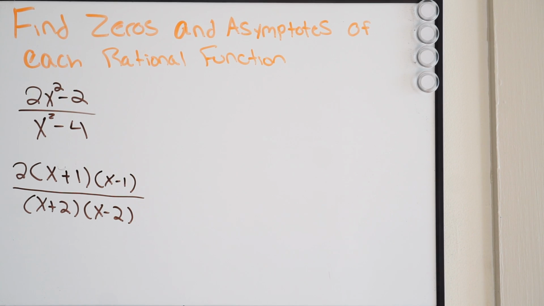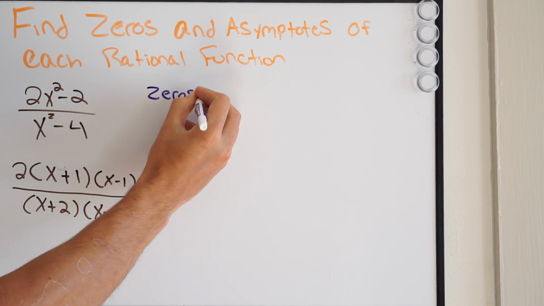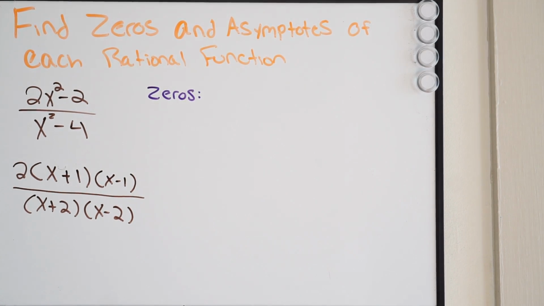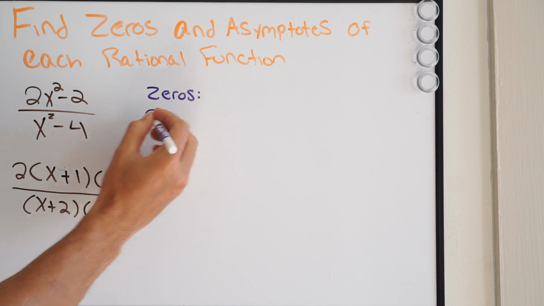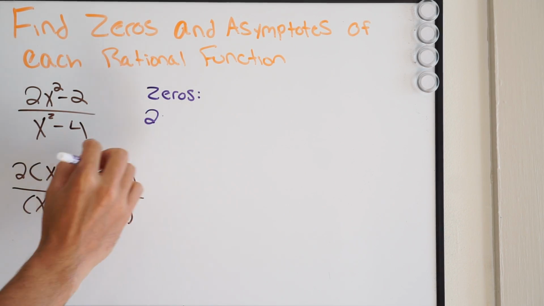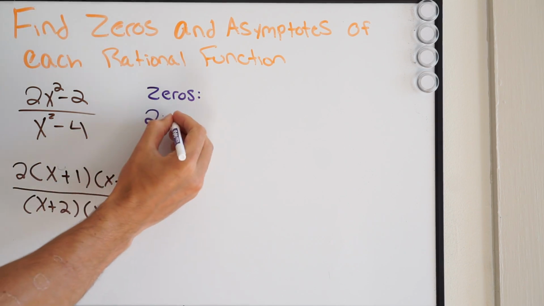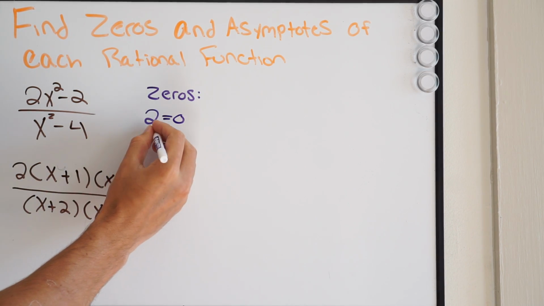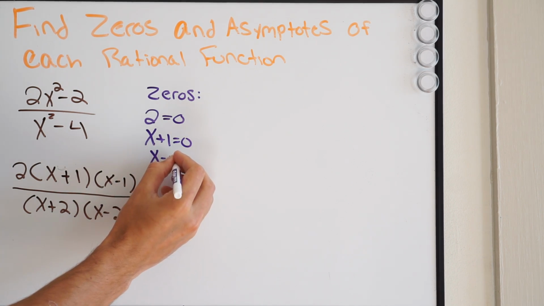Okay, let's determine the zeros. So you're going to look to your numerator, right? And you're going to set it equal to 0 to find the zeros. So what I have here right now, I have 2, and then I have x plus 1, and then x minus 1. And we're essentially going to set all of these equal to 0. So 2 equal to 0, x plus 1 equal to 0, x minus 1 equal to 0.